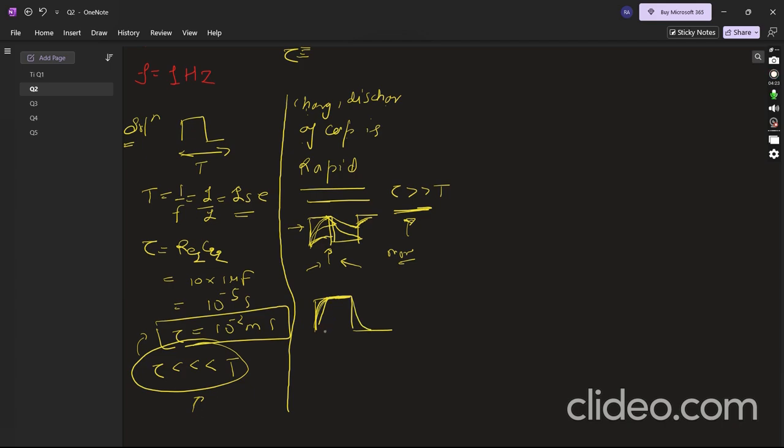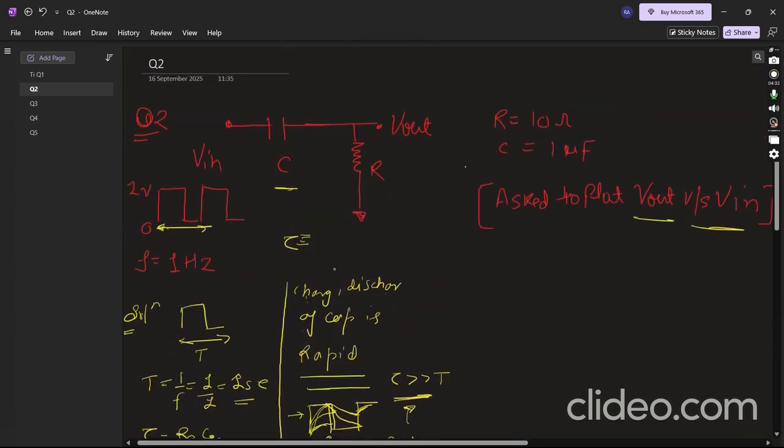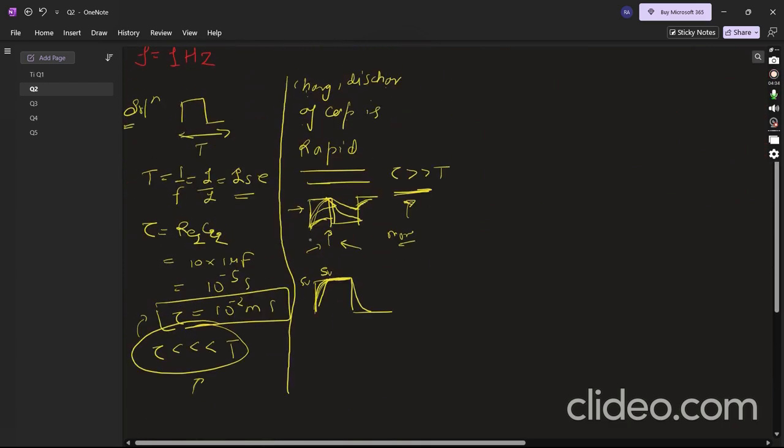So we can say for sure the capacitor final value is 5 volt if the input pulse is 5 volt. If it's 1 volt, the capacitor will charge up to 1 volt, then discharge to 0 volt. That's why this type of question is easy.